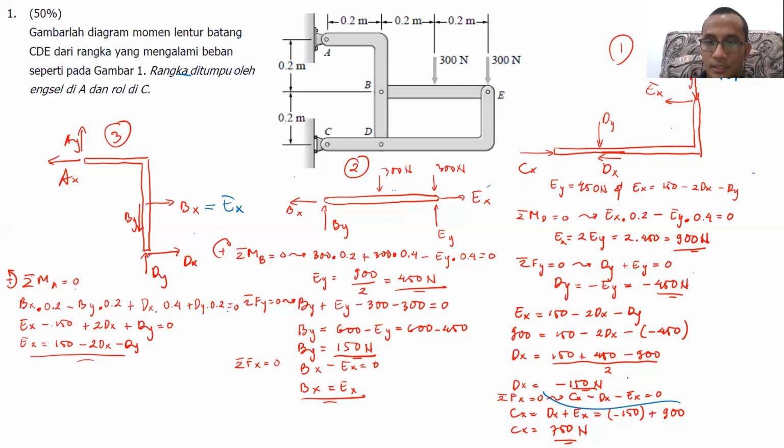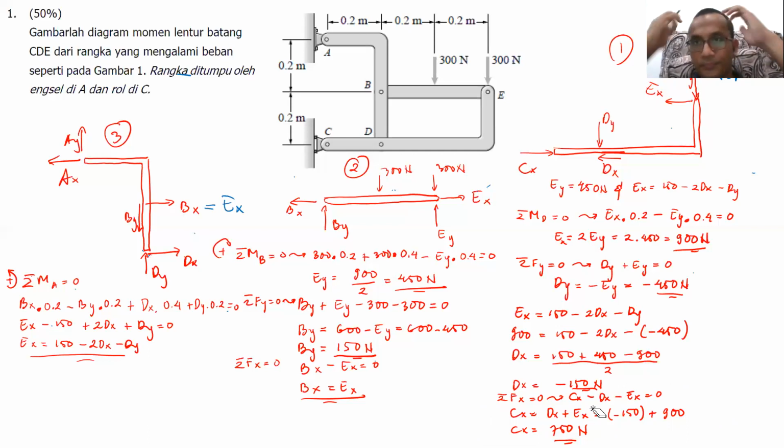By inputting all the values for dx and ex, cx is equal to dx plus ex, and because dx is minus 150 and ex is 900, in total cx will be 750 newtons. So the direction is correct, to the right, 750 newtons.